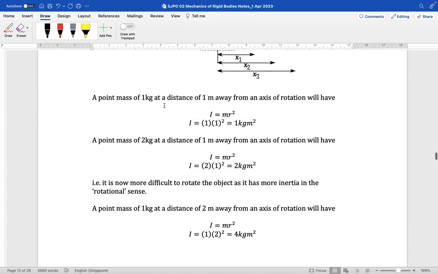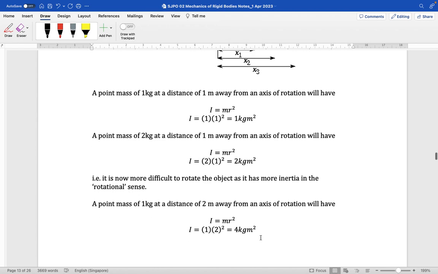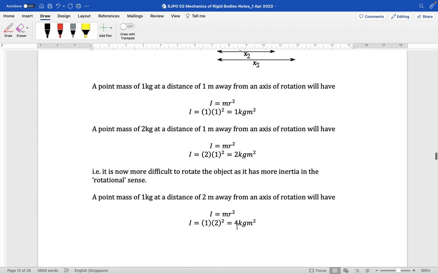You can compare this: 1 kg, 1 meter away, and 1 kg, 2 meters away. And you realize that the moment of inertia is greater for the object that is further away. In fact, it is greater than an object that might be massive but closer to the axis of rotation.